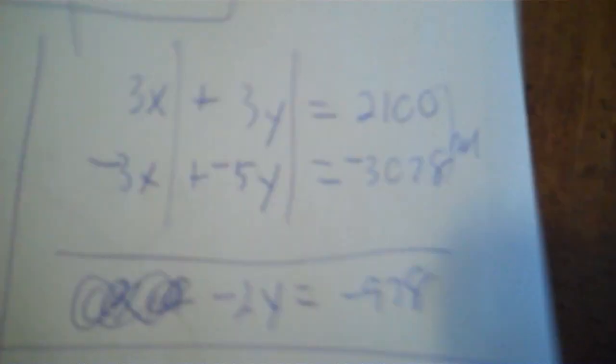Then I take the 2,100 plus the negative 3,078 is negative 978. 0x, you can go. Divide by negative 2. And negative 978 divided by negative 2 is 489. So y is 489.